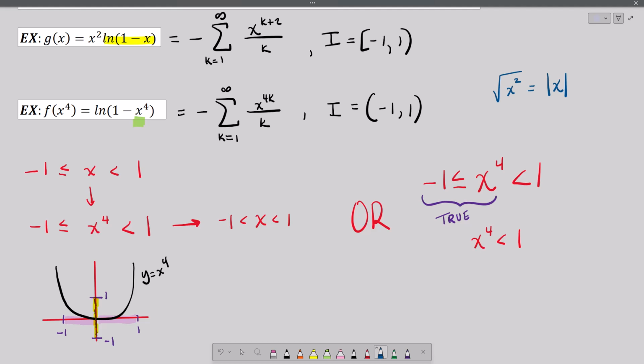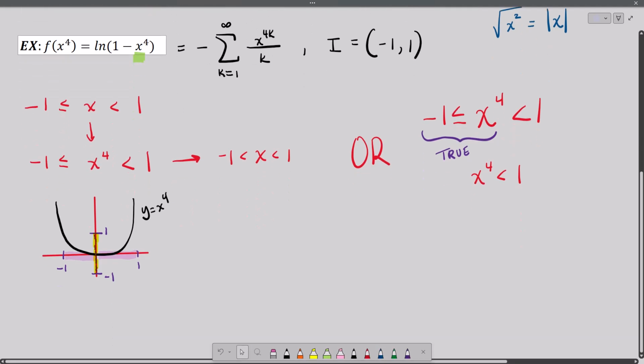Like if I plugged in -3 here, -3 squared is 9. This symbol means the positive square root. It does not mean plus or minus. So the positive square root of 9 is 3, which is not what x is. It's the absolute value of x.